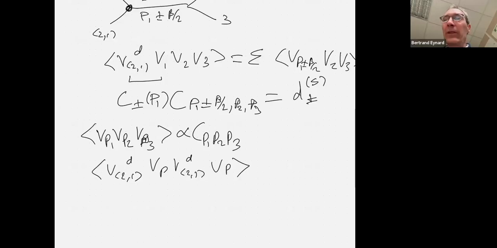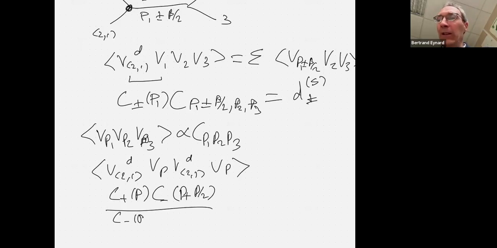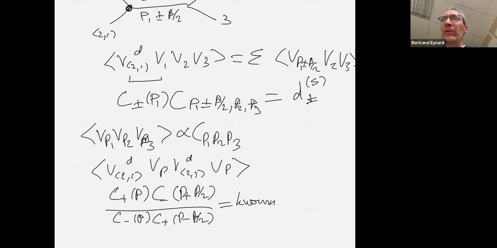If you do that, you can show that you get a constraint for just these structure constants C plus minus of P. More specifically, C plus of P, C minus of P plus beta over 2, over C minus of P, C plus of P minus beta over 2, equals, again, something known, some combination of the F matrix elements. So we get a constraint on this C, and the question is, can we determine this C plus minus by solving this constraint?